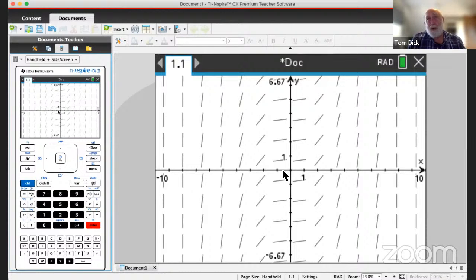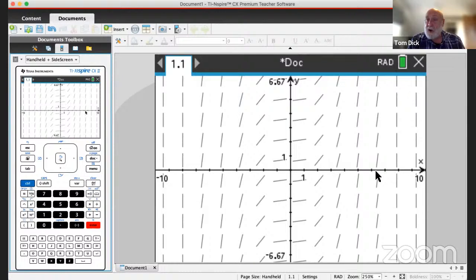Let's see, x squared over 4, its value is always going to be positive, except at 0, where it would be 0. But it will never have a negative value. That means all of the little line segments we see in the slope field should have a positive slope. And when x is close to 0, x squared over 4 would be very small, and so we'll have a very small positive slope.